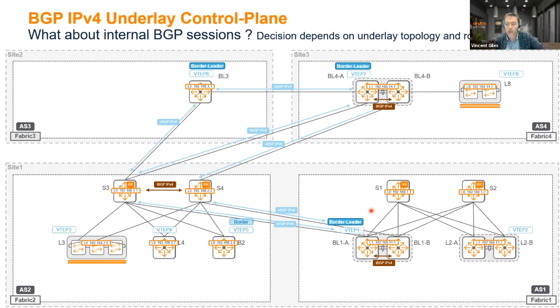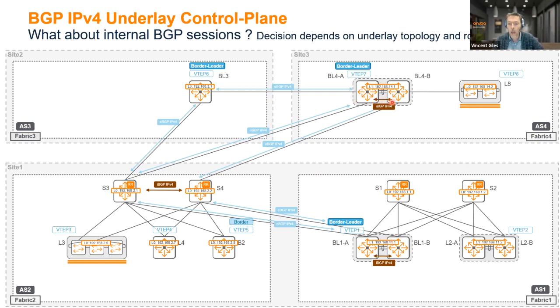Then you could think about in the deployment, shall I also do some internal BGP session for this underlay IPv4 address family? Well, on that, there is no perfect solution. It completely depends on the resiliency that you have, the topology, and so on.